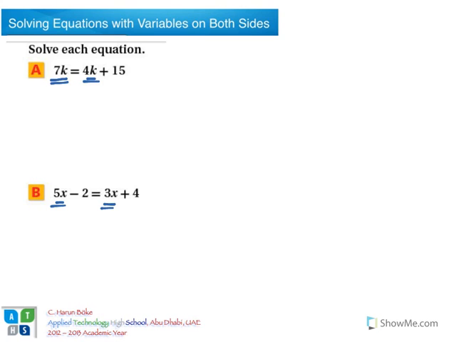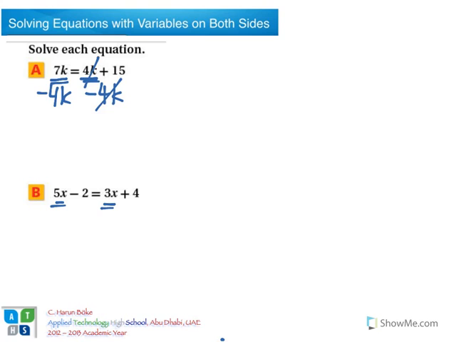So let's see how. Now, it is better to cancel the variable which is smaller. In this question, the smaller variable is 4k. So I will say minus 4k from both sides, so that these will be simplified.